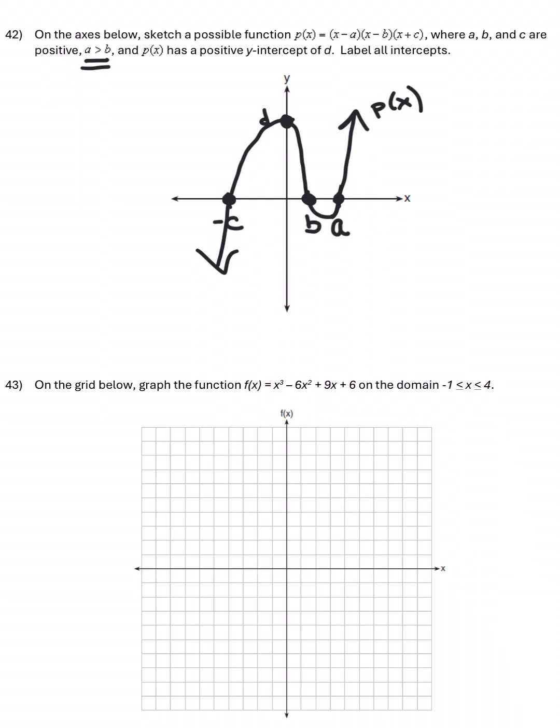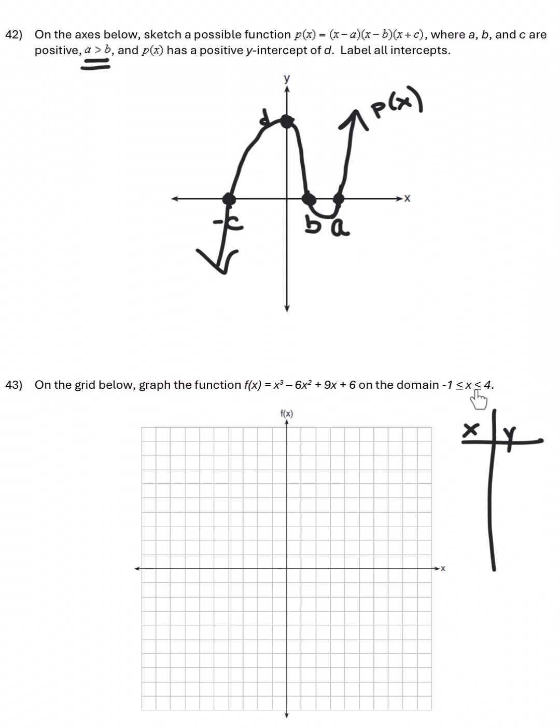Okay, the very last one you're going to do today, I'm going to have you hit pause and try it, is this one. They give us an equation, and they say to do it over this domain. So it means these are the X values that we are going to include. So I'd like you to go to Y equals in your calculator and plug this in. And then when you go to the table of values, where we have the X and the Y, you're only going to include the X values.